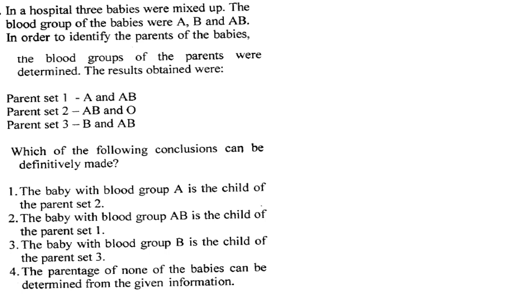Which of the following conclusions can be definitely made? The baby with blood group A is the child of parent set 2. The baby with blood group AB is the child of parent set 1. The baby with blood group B is the child of parent set 3. The parentage of none of the babies can be determined from the given information.